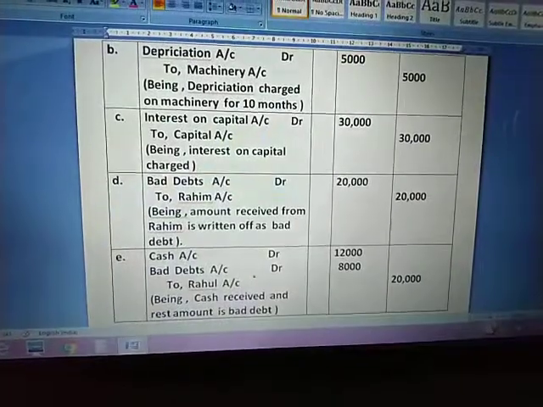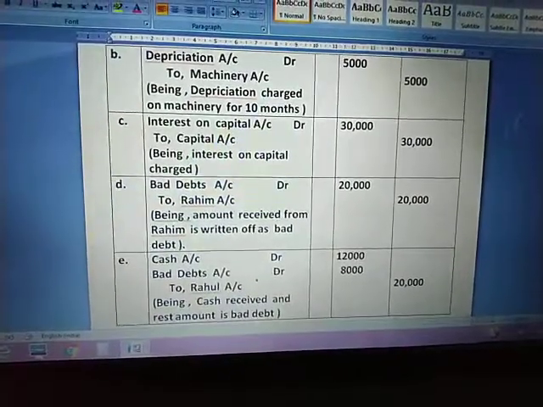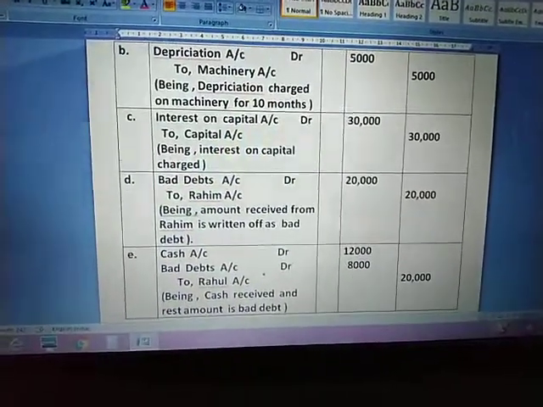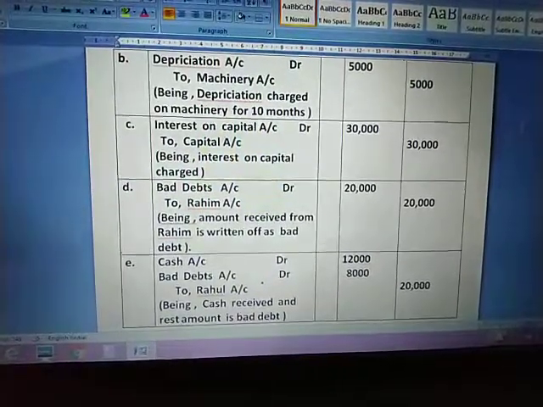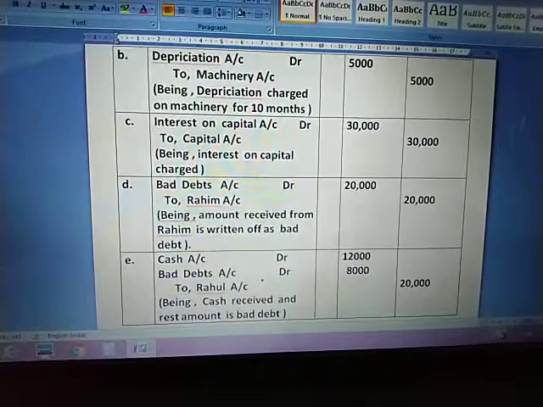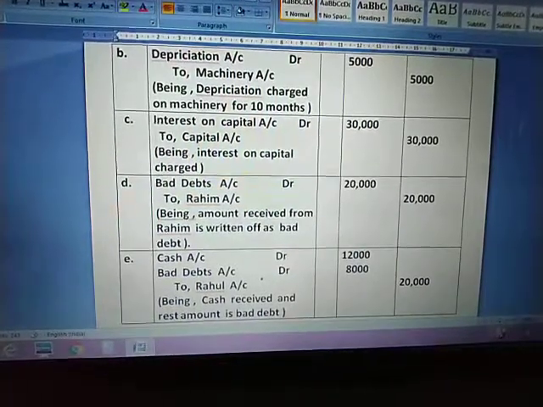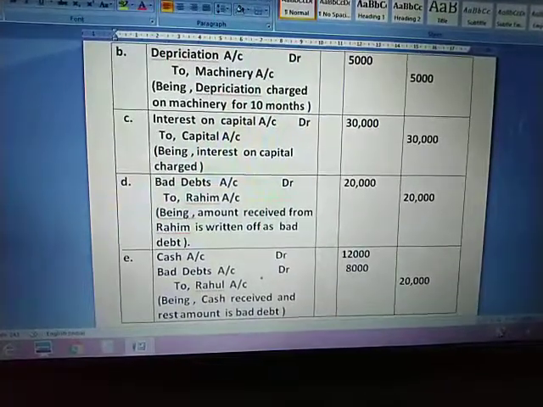next we have interest on capital to capital account. Interest on capital is an expense for us, so we have debited it, and the calculation of the interest I have told you how to do it. And then bad debts to Rahul: this bad debt is written off, so bad debt account debit to the debtor account.